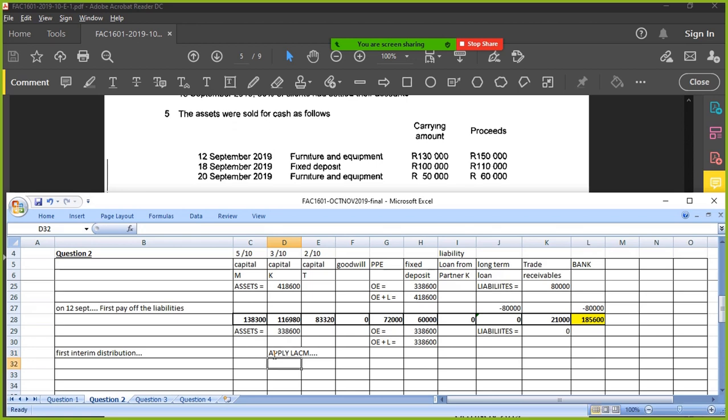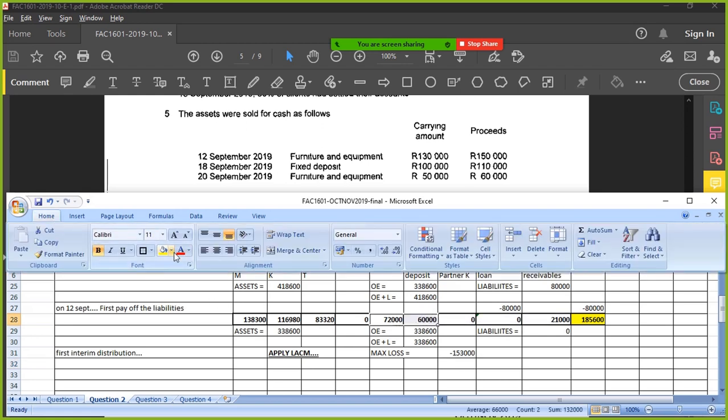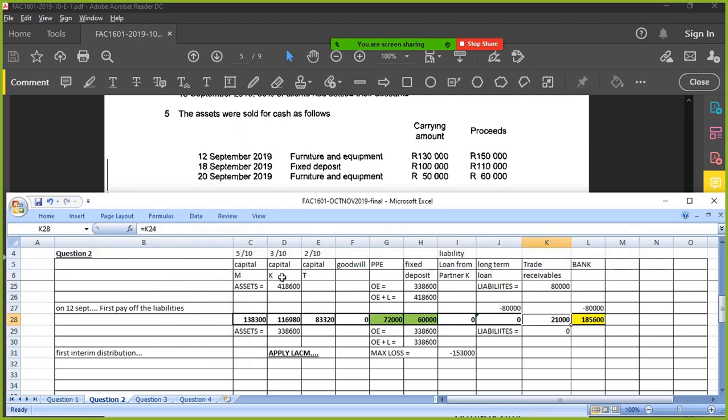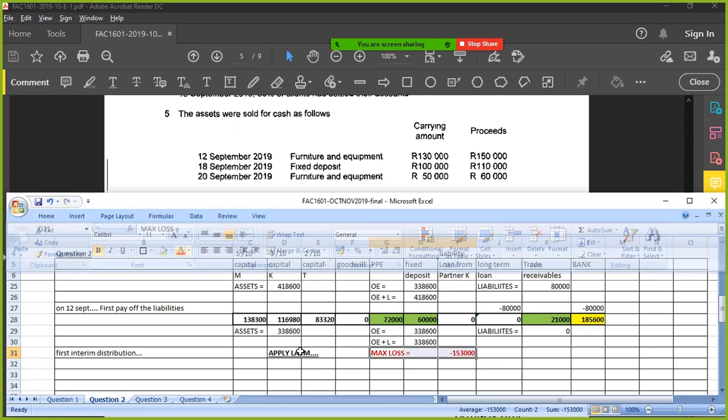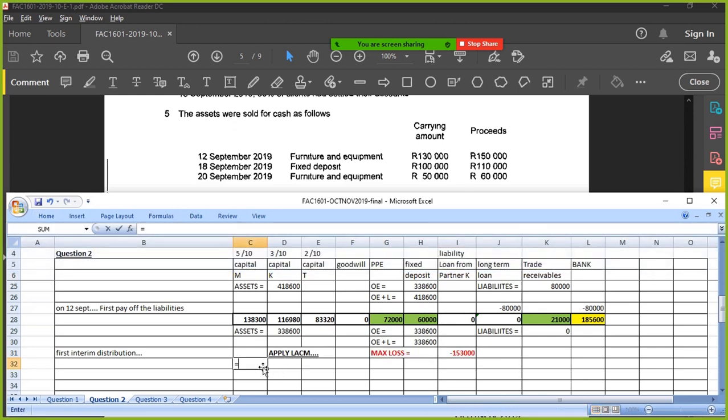So what the loss absorption capacity method says is to assume a max loss. So what is the max loss going to be? It's going to be minus that, minus that, minus that, minus all the assets that I still have available. Does that make sense? Yes. Okay, so that's the theory. That max loss will be attributable to the partners.